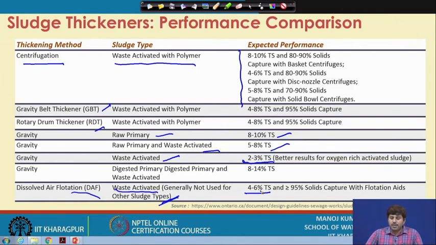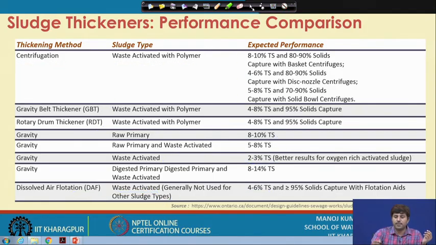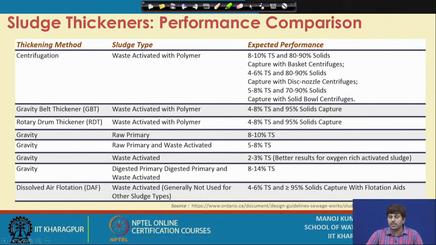So, that is how thickening takes place, which is the primary, first step in the process of sludge treatment. Later processes like the stabilization of sludge follow after thickening.